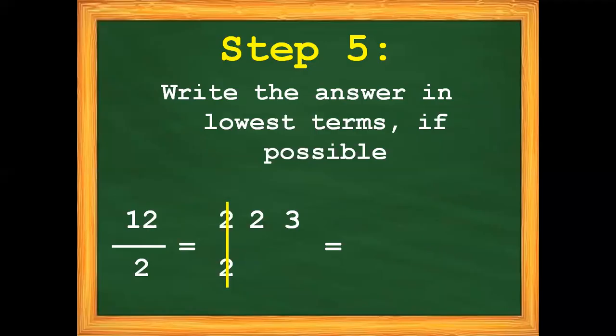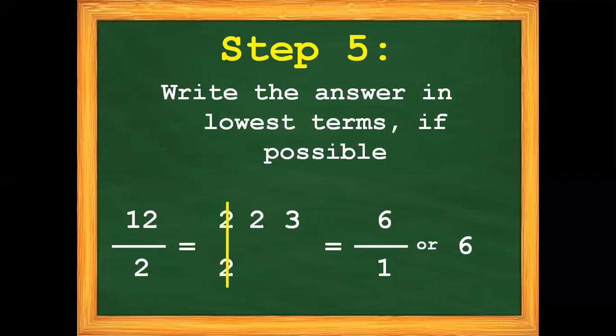So let's multiply the remaining numbers. So in the numerator, we have 2 and 3. So let's multiply. 2 times 3 will give us 6. How about in the denominator? So there is no number remaining in the denominator, so we're just going to put the imaginary 1.